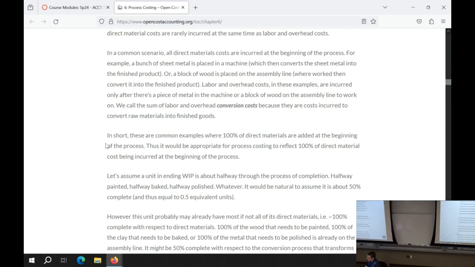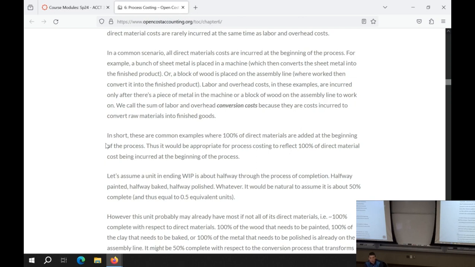So one example is like a paper airplane. We can do the example of it on Wednesday. But let's say, for example, we have some leftover paper airplanes at the end of the minute or two we do our paper airplane experiment. Some of them are half folded, right? The timer will beep and you'll be partially done with them. But what direct materials go into a paper airplane?